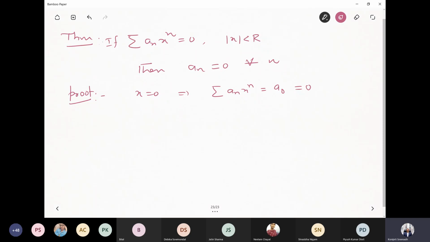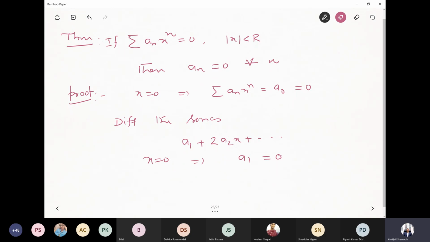Okay. So to get a_1, we can differentiate the series. When I differentiate the series, I get a_1 plus 2a_2 x and so on. Take again x equals 0, and a_1 is 0.